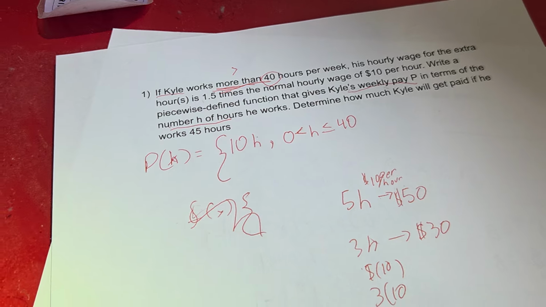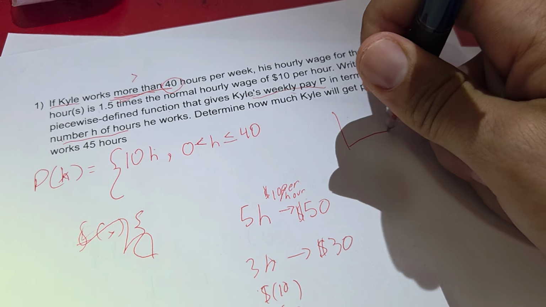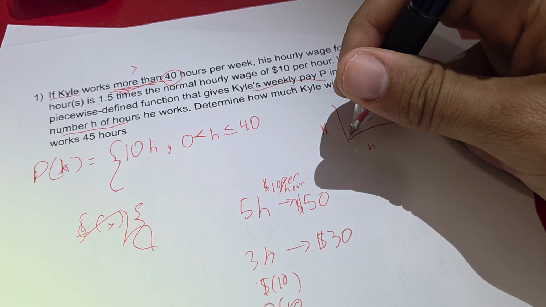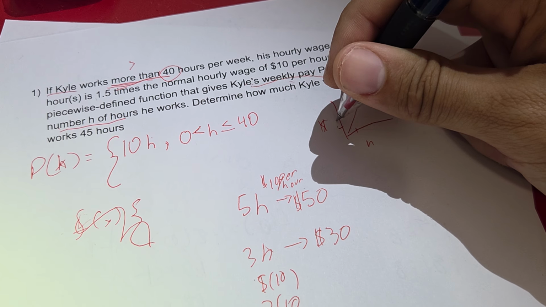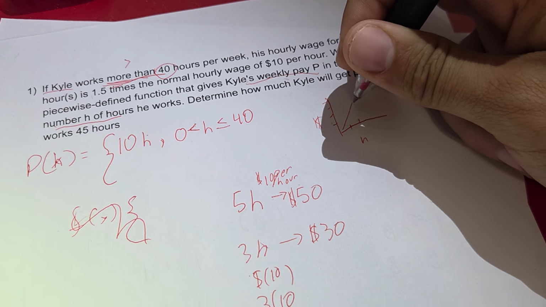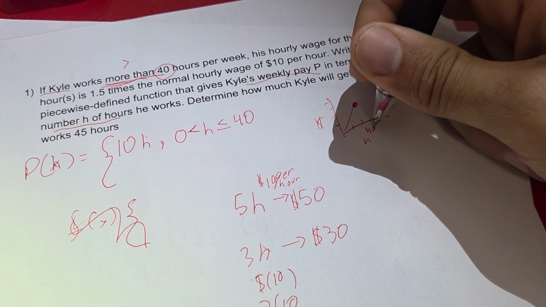All right, so now let's say if we had a graph here, and this is hours and this is money. Every 1 hour he makes $10, 10, 20, 30, 40, so on and so forth, until he reaches the 40-hour mark.